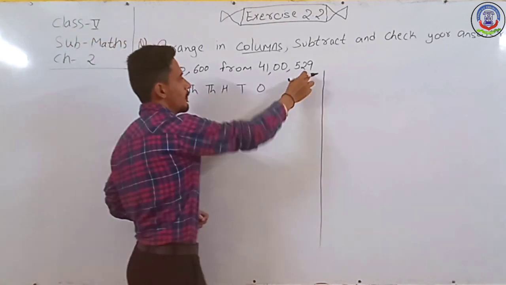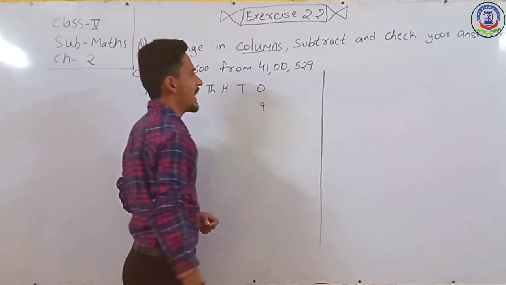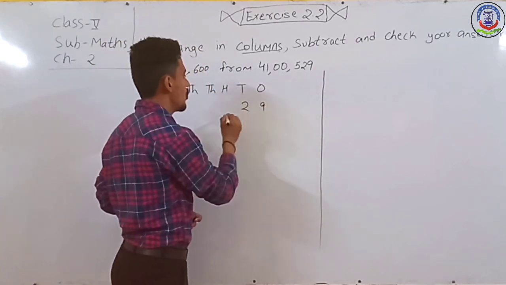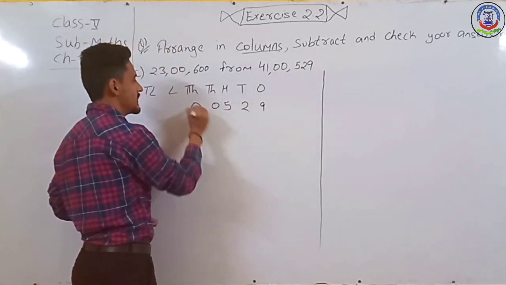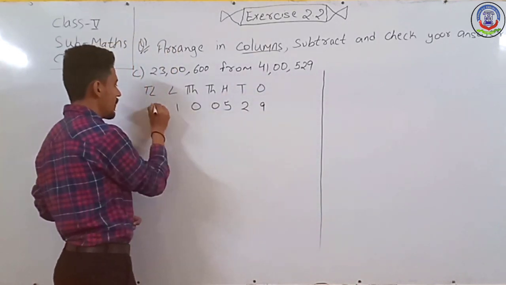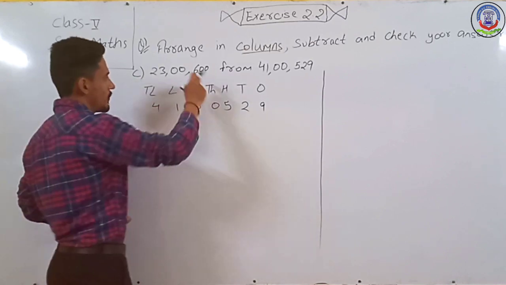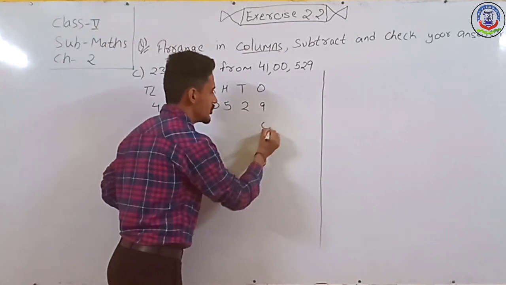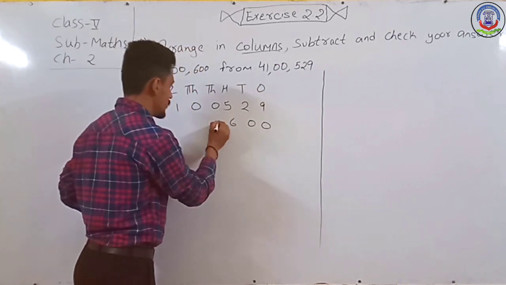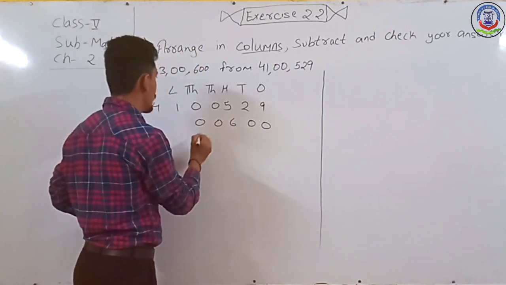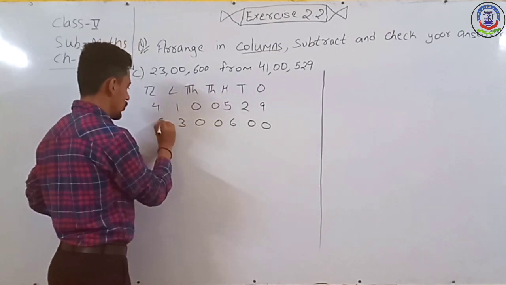So we write from the rightmost 9, 2, 5, 0, 0, 1, 4. We have to subtract this number. So we write 0, 0, 6, 0, 0, 3, 2.